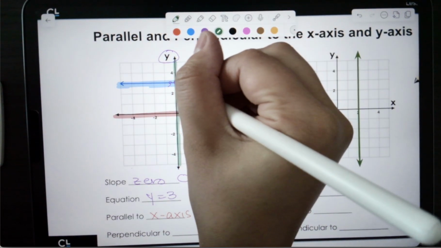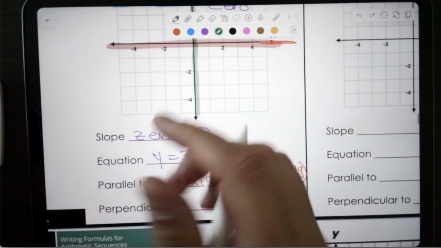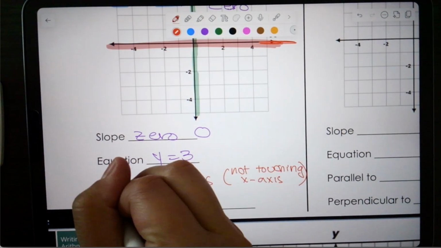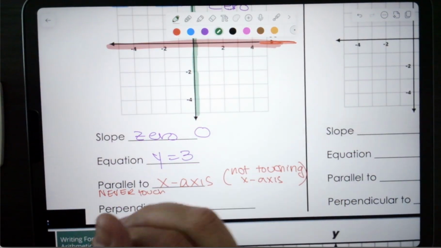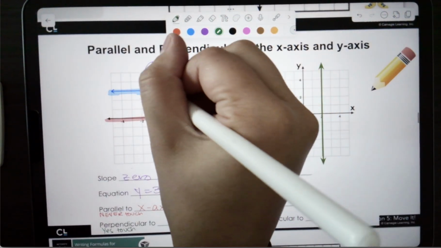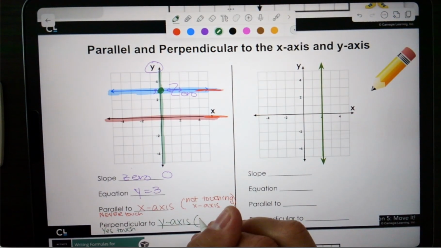Now if I look, it's touching my y line. So it's perpendicular because remember, parallel is never, nope, never touch. Perpendicular is yes, touch. So it touches right here, so perpendicular to the y-axis.